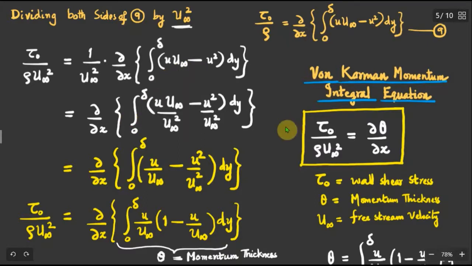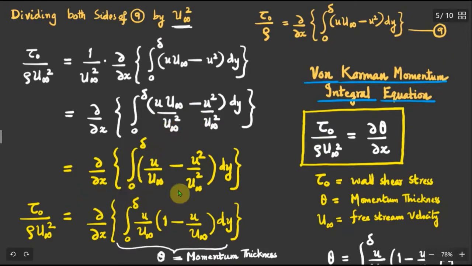So on the right hand side, you have dou by dou x of integral 0 to delta, u infinity by u infinity square minus u square by u infinity square, into dy. Now one u infinity will be cancelled from the first term.